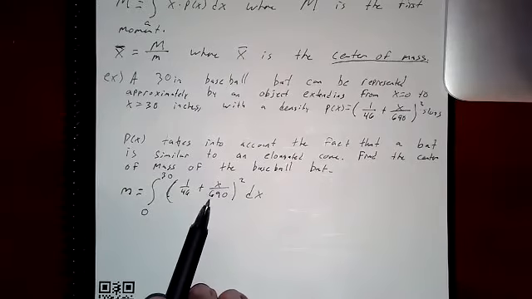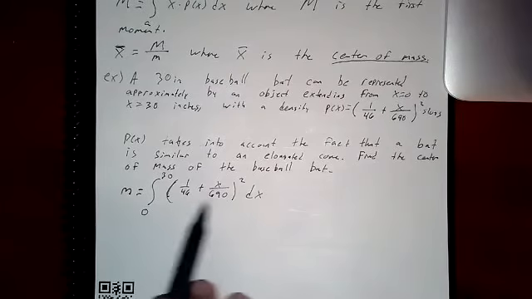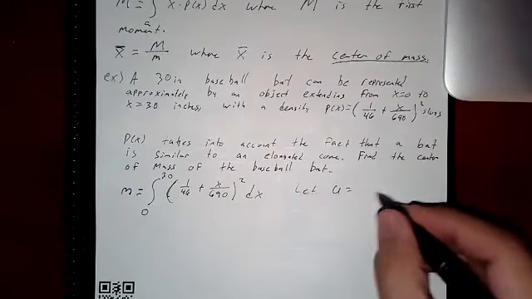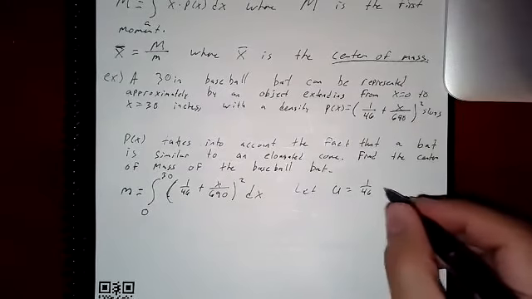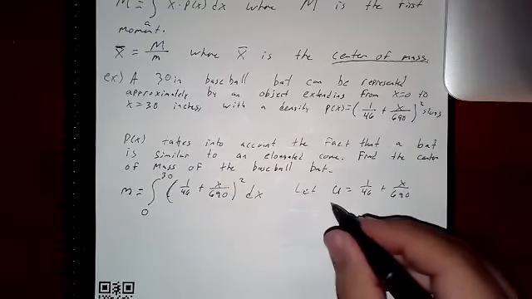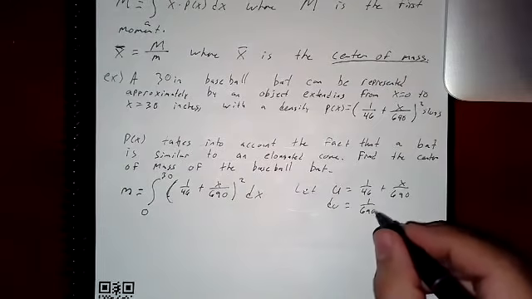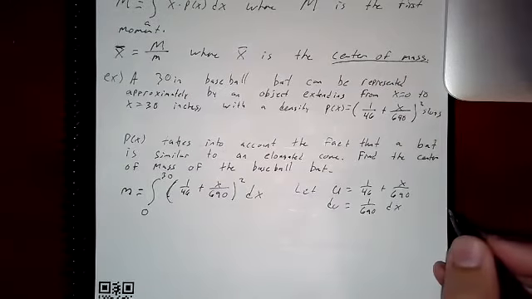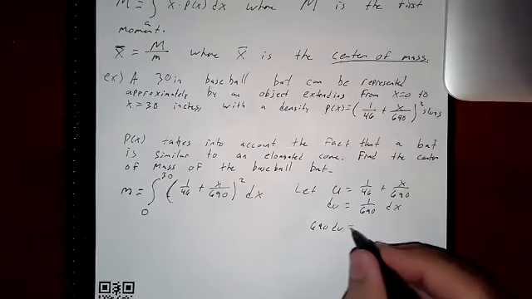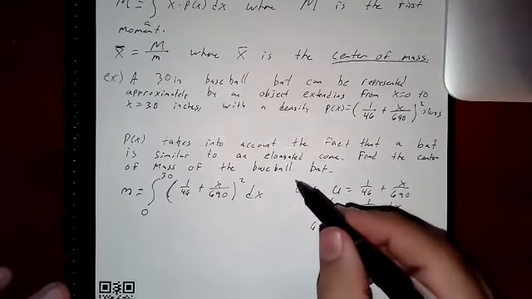So this is just a basic u-substitution. Let u equal 1 over 46 plus x over 690. Then du is 1 over 690 dx, which means 690 du is equal to dx. There's my side work over here.